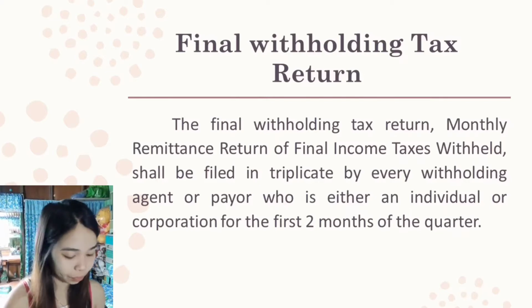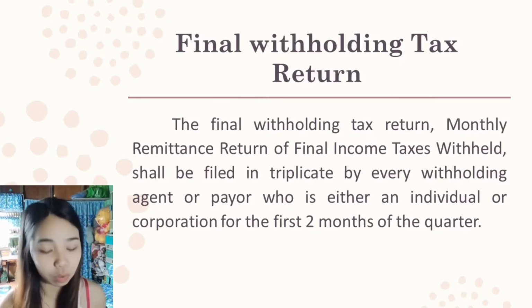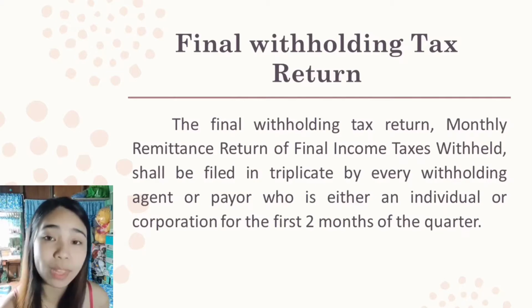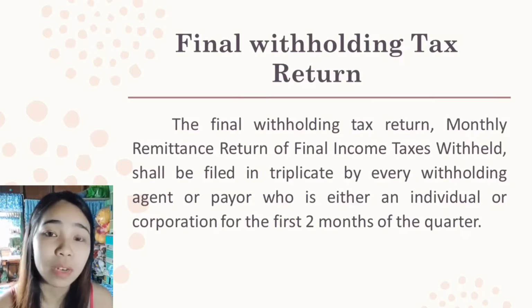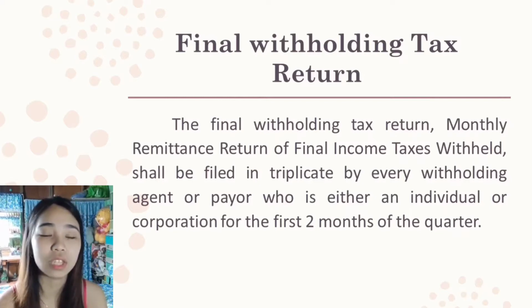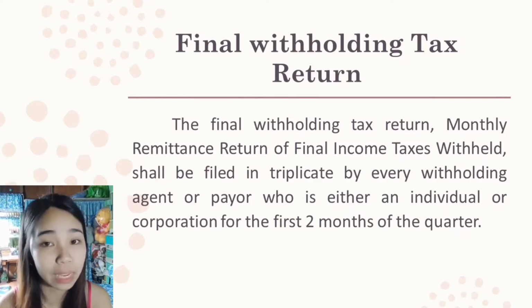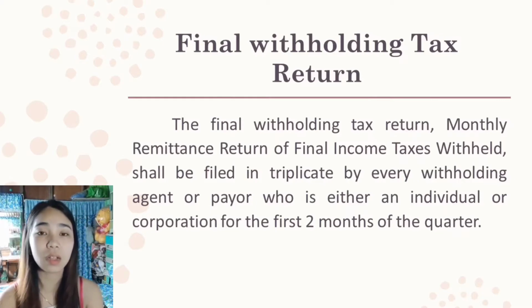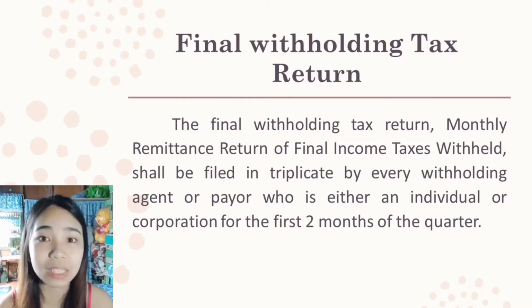This final withholding tax return is a monthly remittance return of final income taxes withheld. This monthly remittance form shall be filed in triplicate by every withholding agent or payer required to deduct and withhold taxes on income payments subject to the final withholding tax.